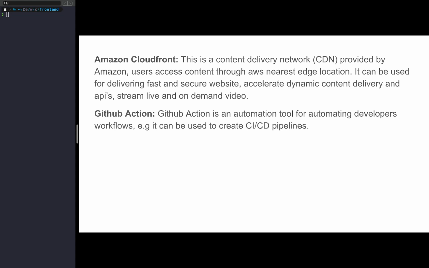So in this hands-on, we'll be using GitHub Action to create a CI/CD pipeline where during the automated deploys, we'll be pushing our code to GitHub, and once it gets to GitHub, an action is triggered, and then our front-end project is built and deployed, pushed to the S3 bucket. Then we will update CloudFront. We would invalidate the cache on CloudFront to pull the new items on the S3 bucket.